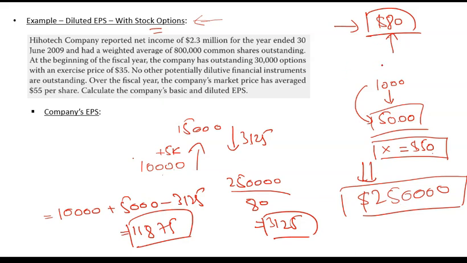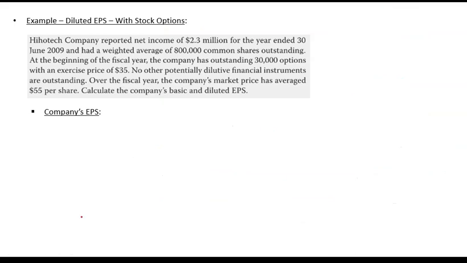So how many shares will it buy back? 250,000 divided by 80, so it bought back 3125. That means shares increased by 5,000, but then the company bought back 3125 shares. So the net impact on shares will be 10,000 plus 5,000 minus 3125, which is 11875. Clear now? Okay, do this last question before you leave.